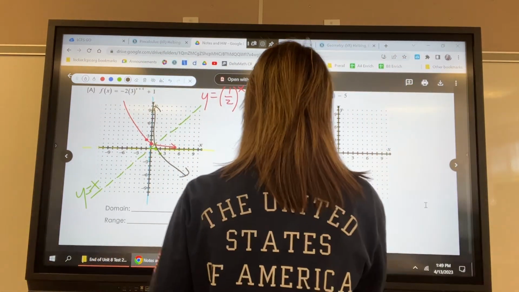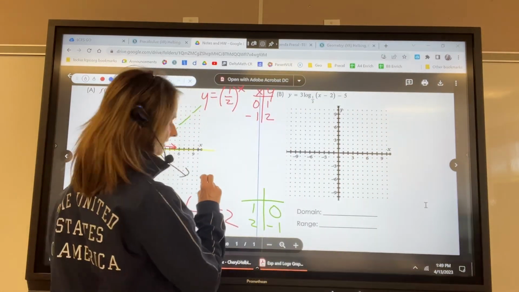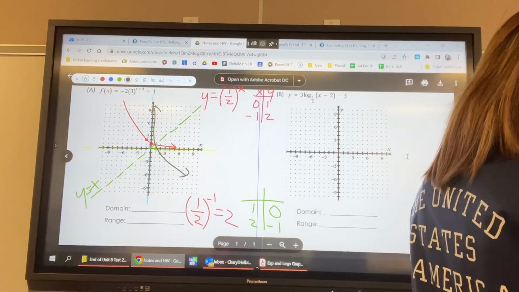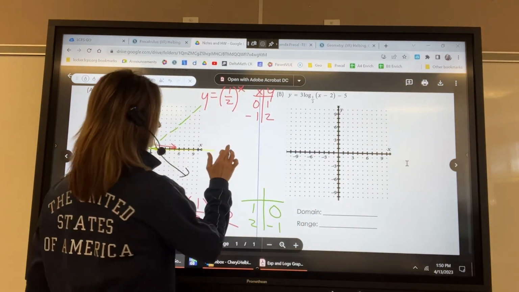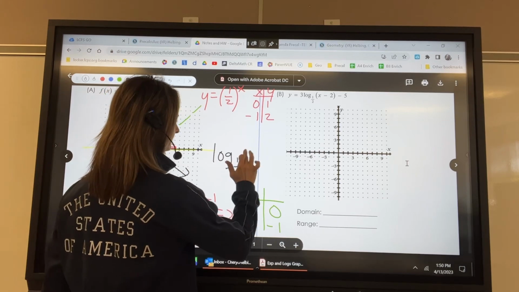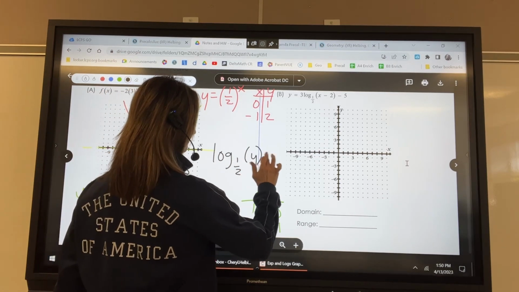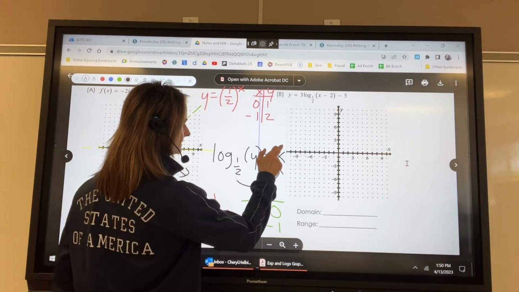So if I rewrite this as log base 1/2 of y, so log base 1/2 of y equals x. Because think about rewriting this: 1/2 to the x equals y.